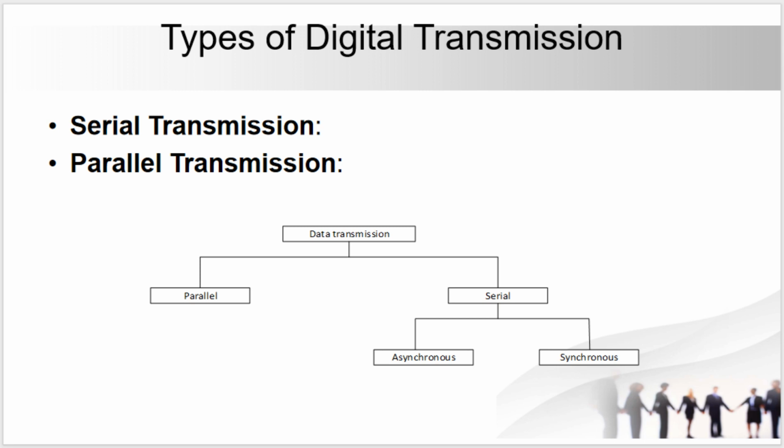Serial transmission is widely used in telecommunication and computer networks due to its simplicity and efficiency, especially over long distances. It is a fundamental method of data communication, offering simplicity, cost-effectiveness, and efficiency, especially for long-distance transmission.